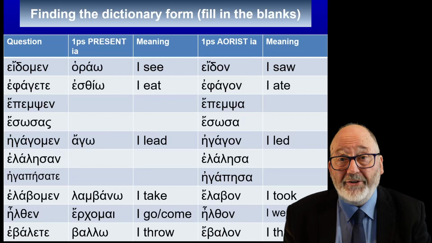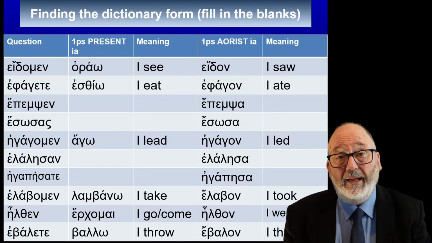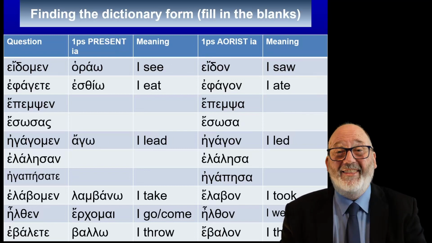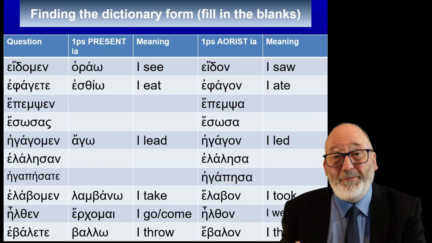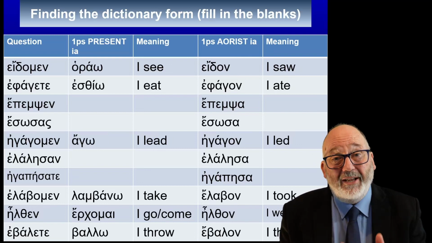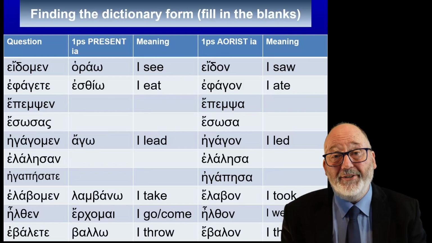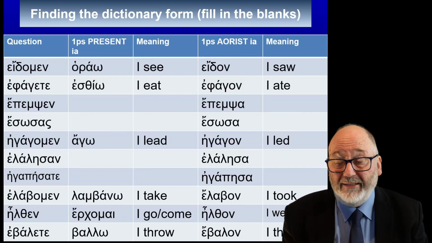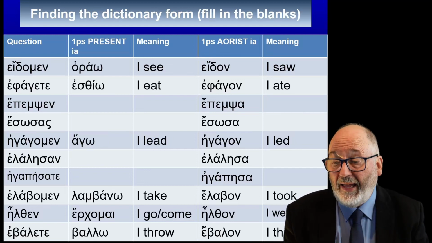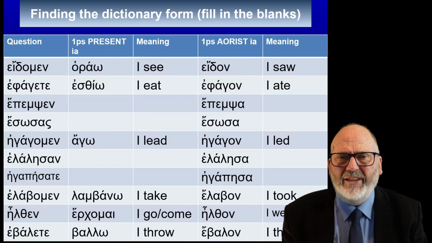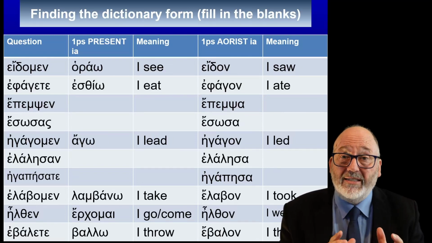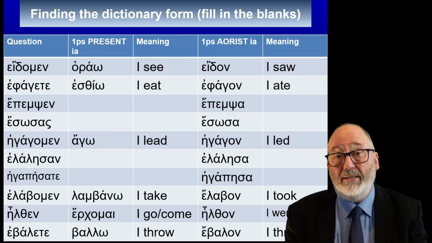In the aorist tense, it means I ate. Yes, the English simple past is the most natural translation of the aorist tense. Agagomen comes from the verb ago, which means I lead. And again, you see that the aorist stem is different from the present stem of that verb.